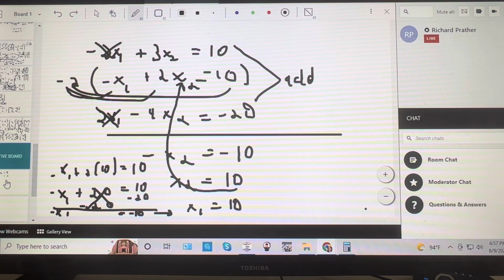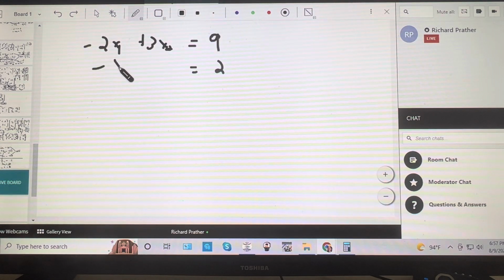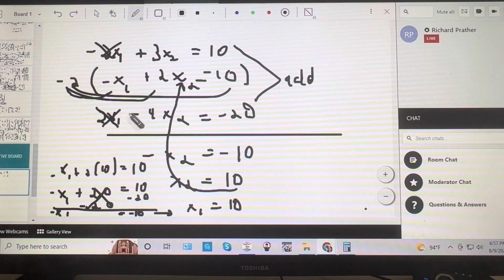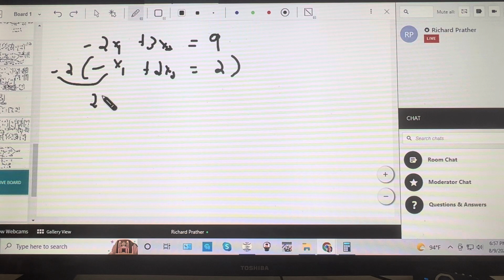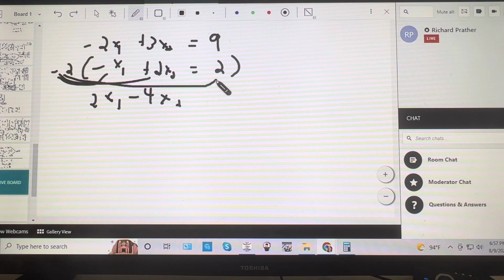Negative x1 plus 2x2. So again, I'm doing the same step because it needs to be the opposite. This will be 2x1, and this is your negative 4x2. Although this part will be different, that's negative 4.